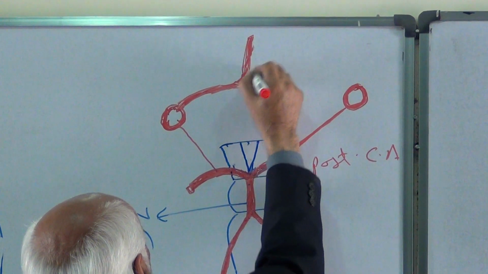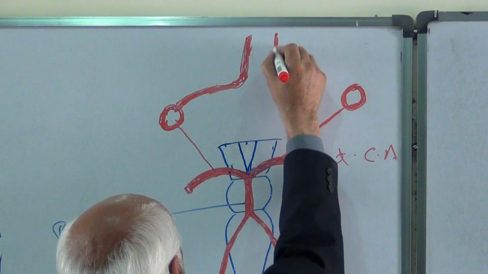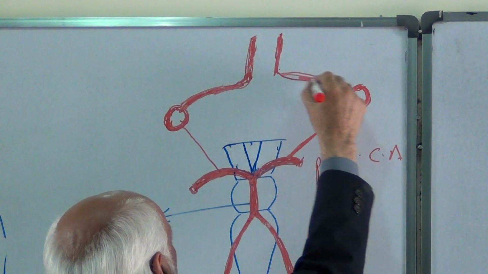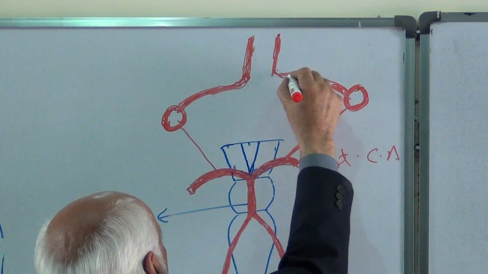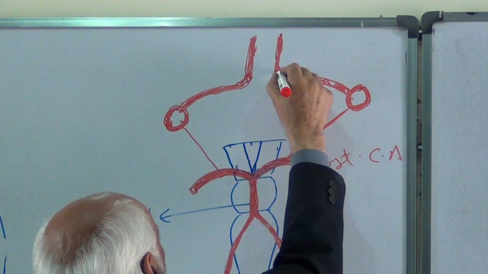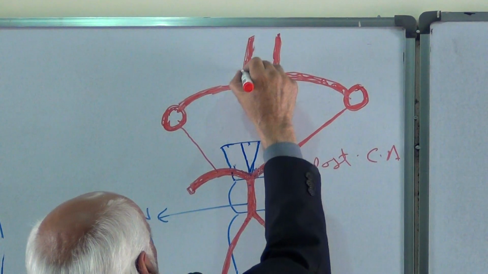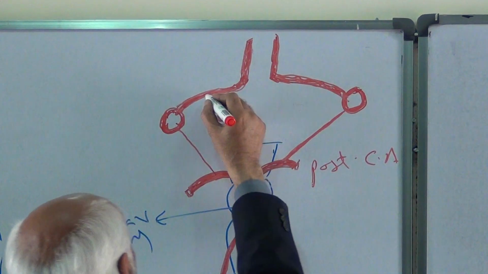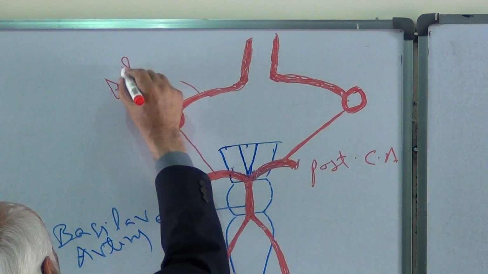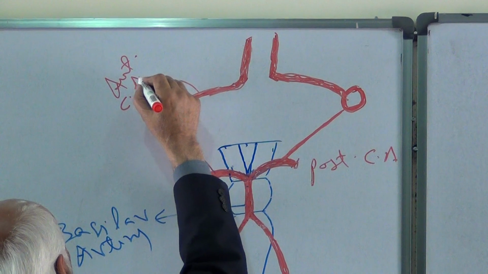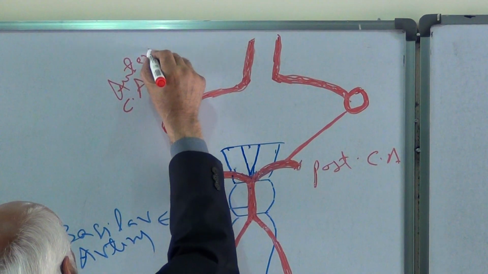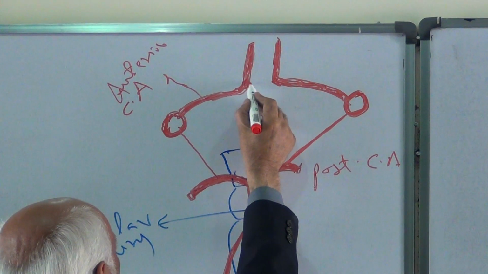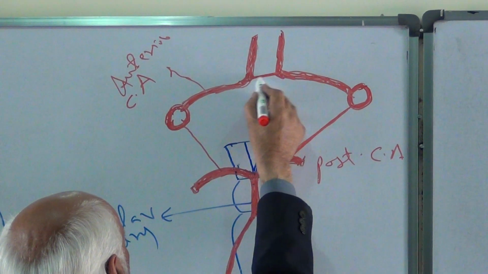The right and left anterior cerebral arteries join together by the anterior communicating artery.